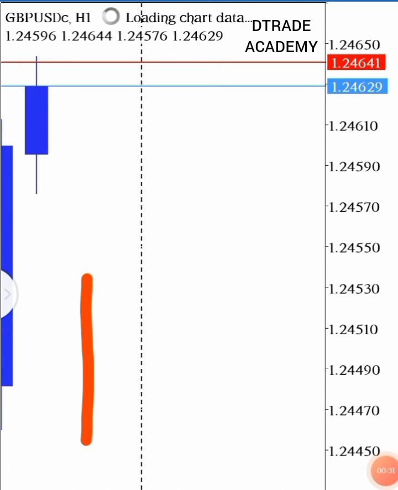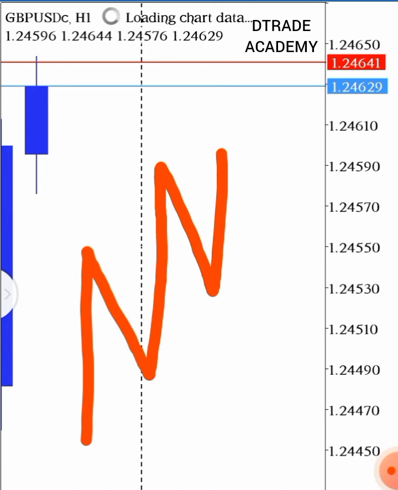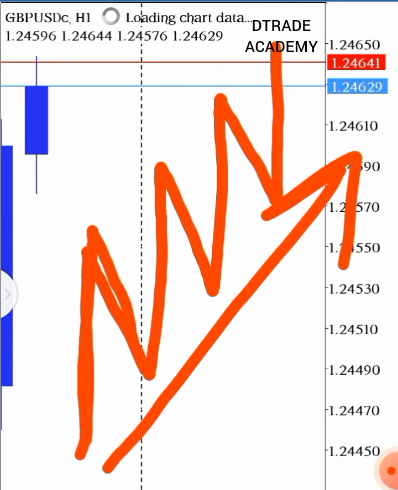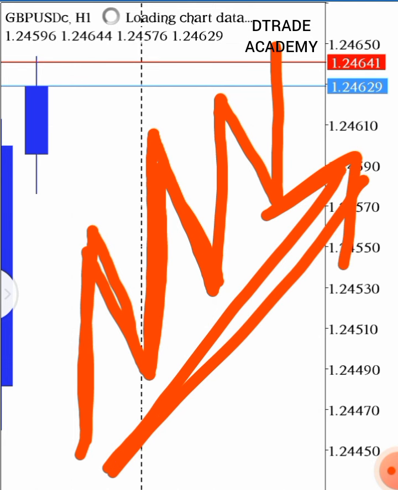We have price going up, coming down, going up, coming down, forming a series of orders in order to push price up. So we have both buyers and sellers, in both an uptrend and a downtrend.